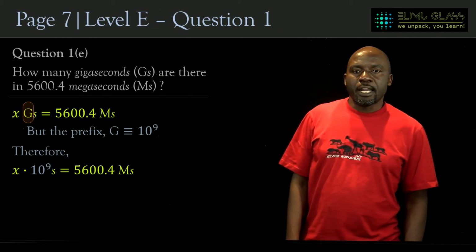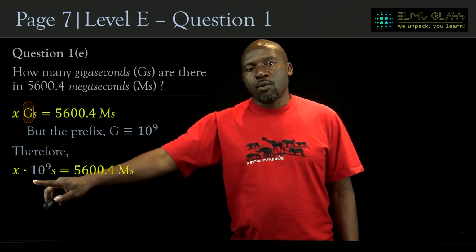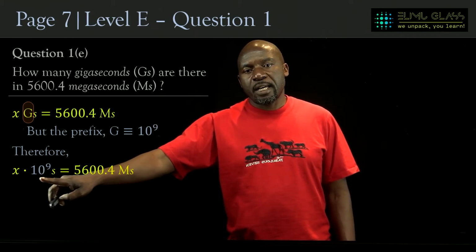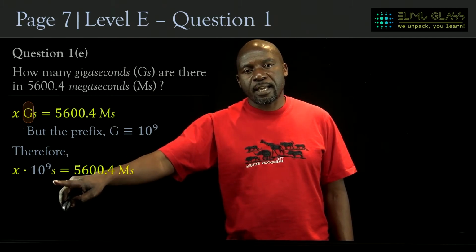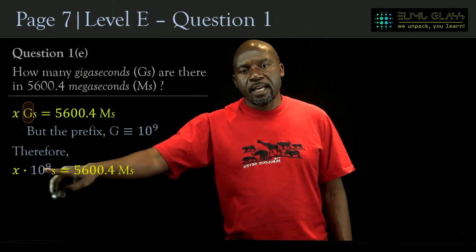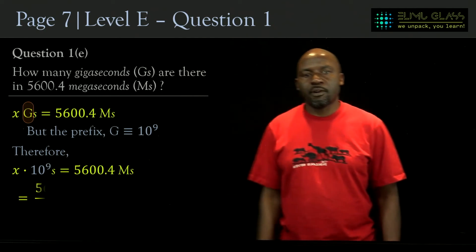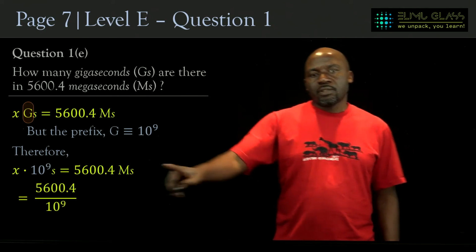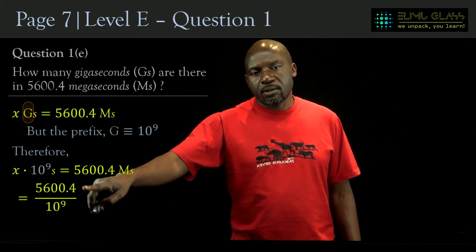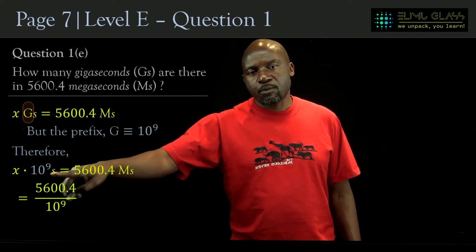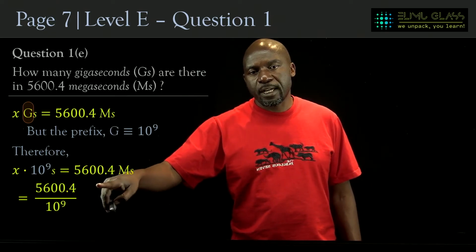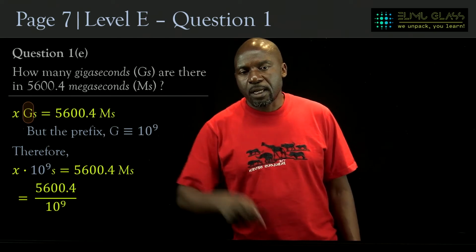And now if we want to know the value of x, we have to divide both sides by 10 to the power of 9. So this is going to be mega. So there is an m here because s will cancel with s if we divide both sides, but we will have m left there.